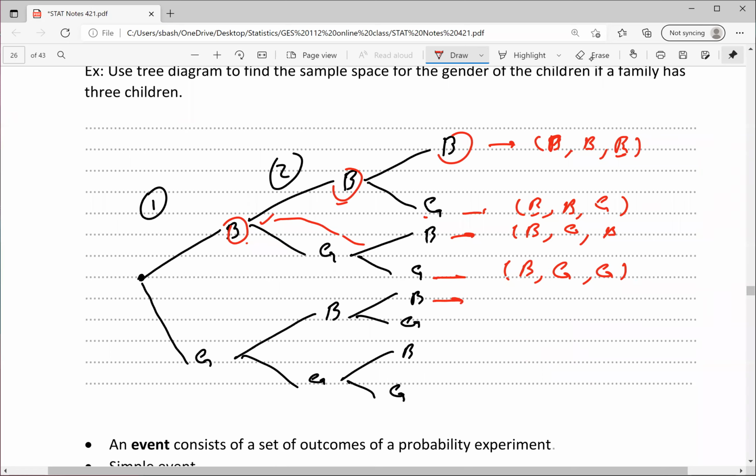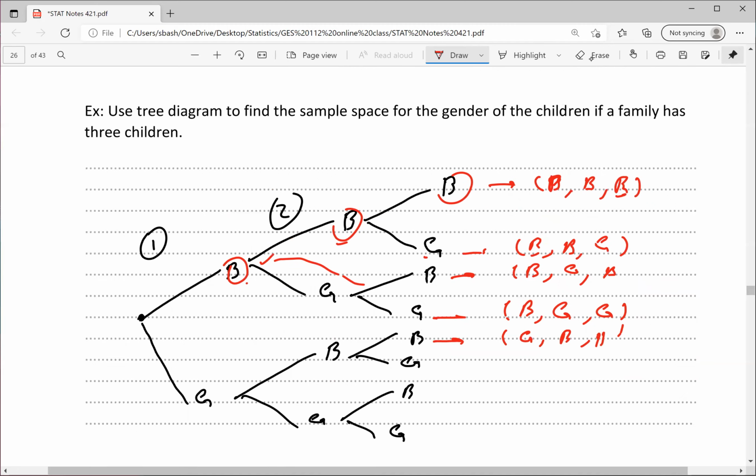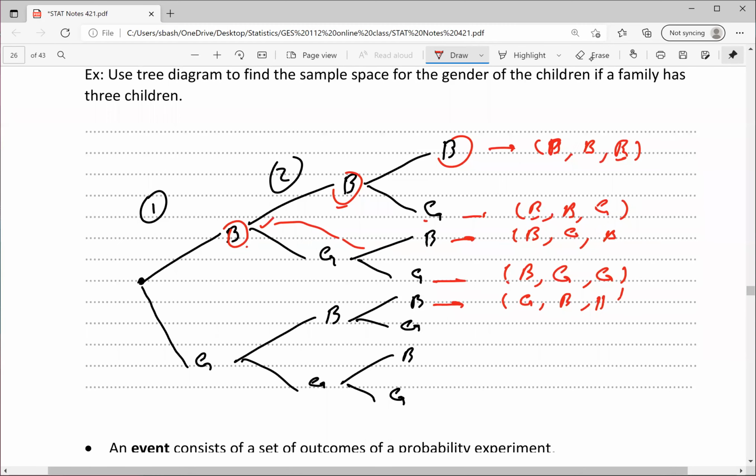This combination gives me girl, boy and boy. This combination is girl, boy and girl.